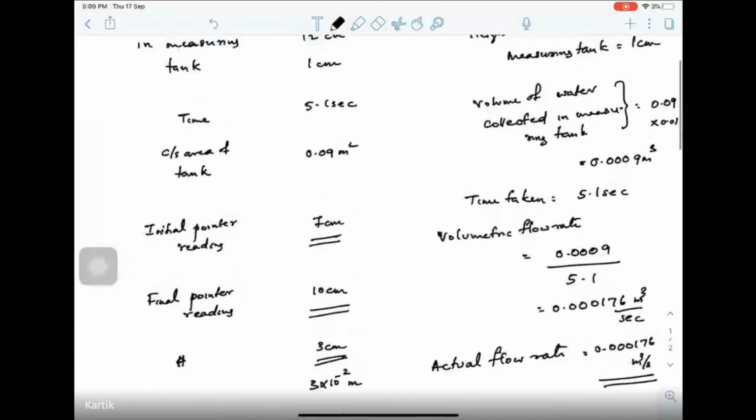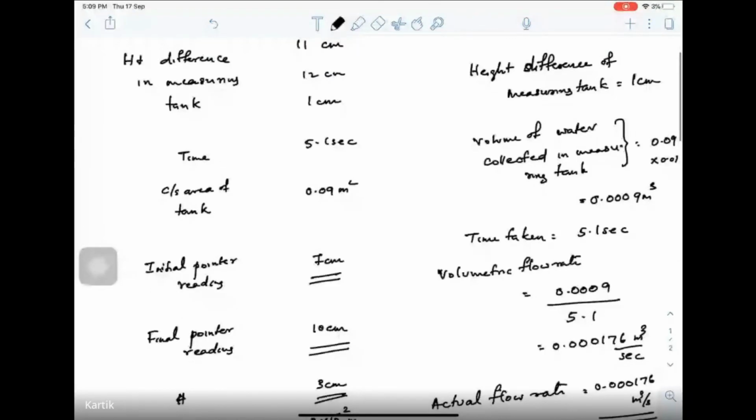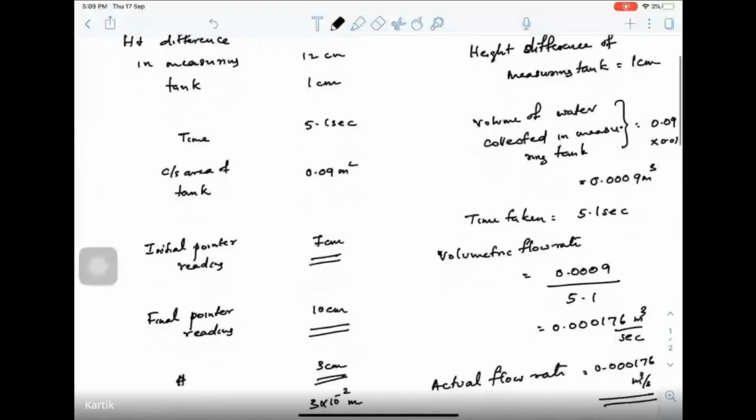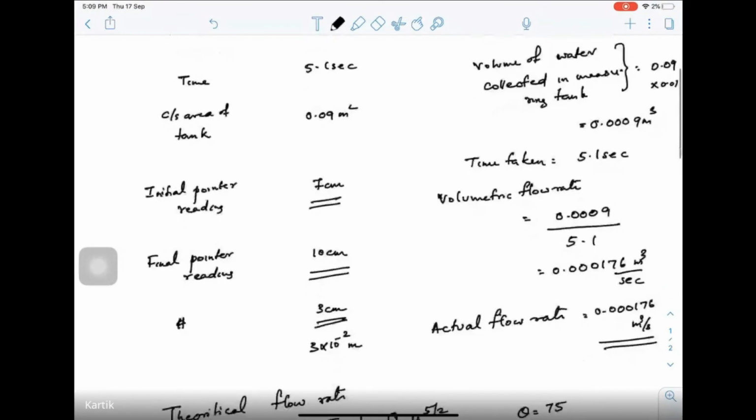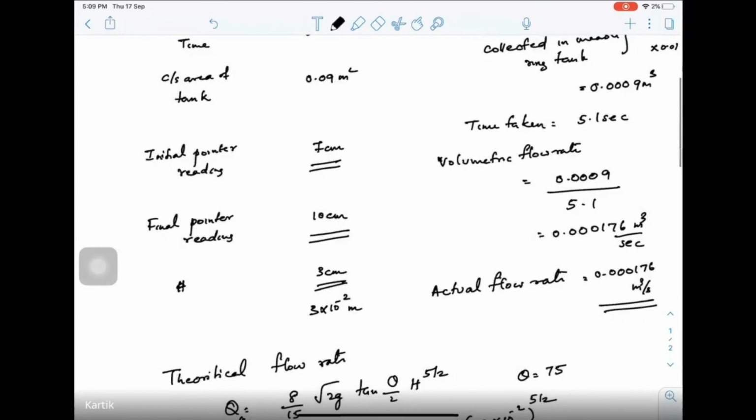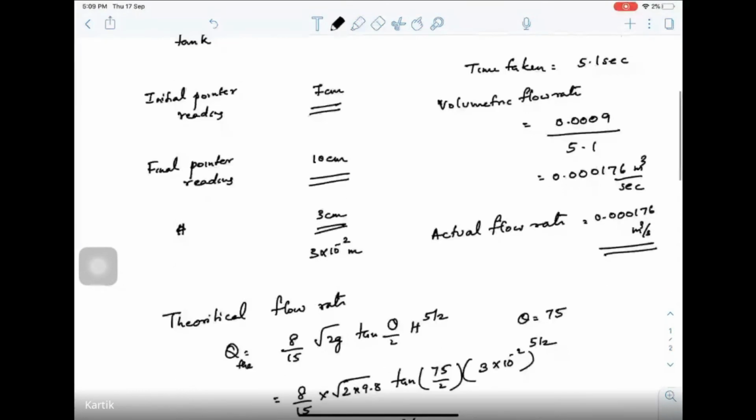Since the height difference was 1 centimeter, the volume of water collected in the measuring tank is 0.09 into 0.01, that is 0.0009 meter cube. The time taken is 5.1 seconds, so the volumetric flow rate is 0.0009 by 5.1, which is equal to 0.000176 meter cube per second. So the actual flow rate is 0.000176 meter cube per second.